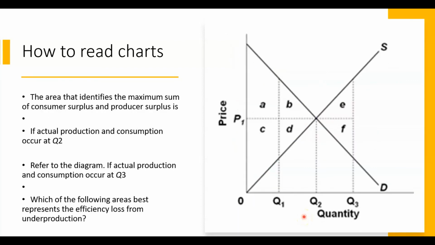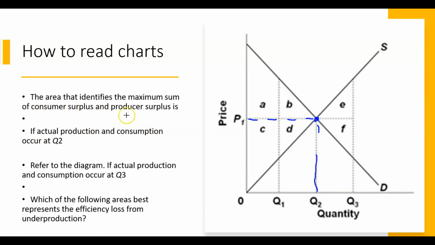Here is another diagram. The area that identifies the maximum sum of consumer surplus and producer surplus is, so now you have to identify which area that is. So you already know from our studies that the maximum sum is going to occur where we are at allocative efficiency. And at allocative efficiency, our price is P1 and output is Q2.